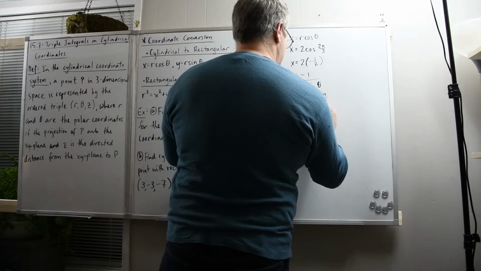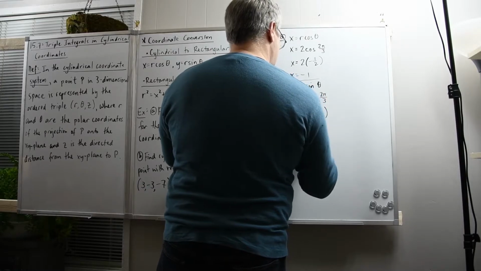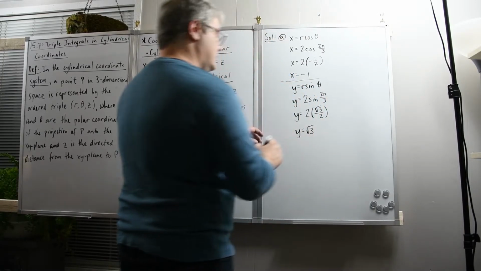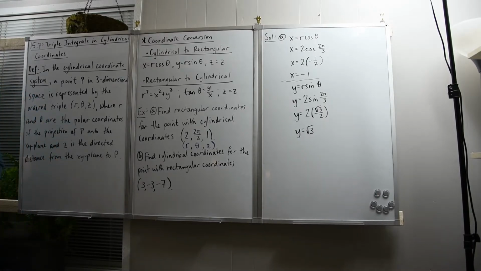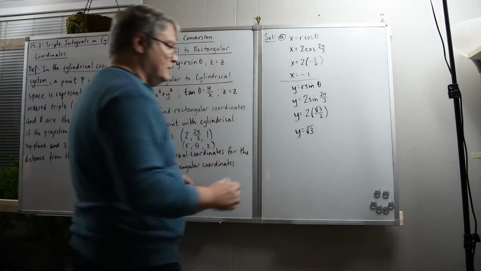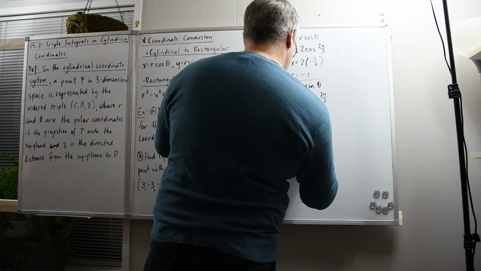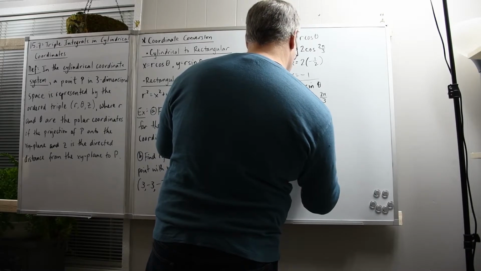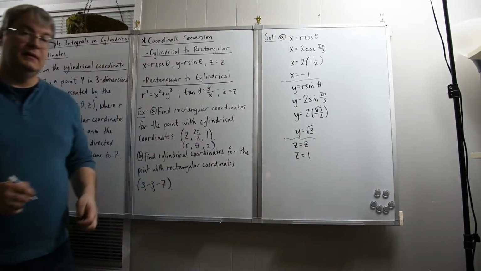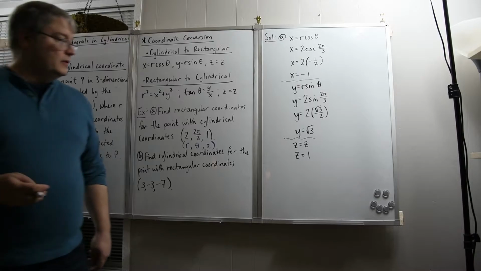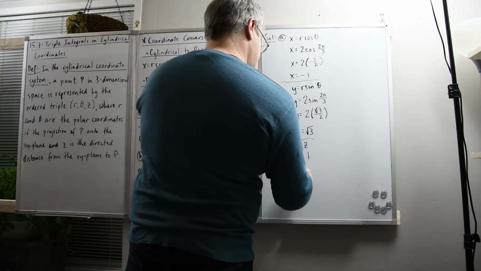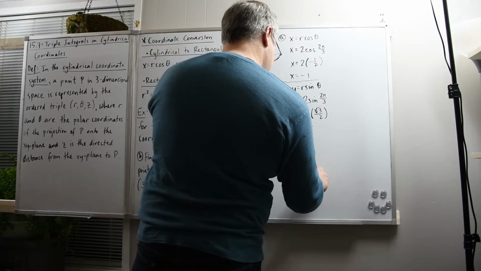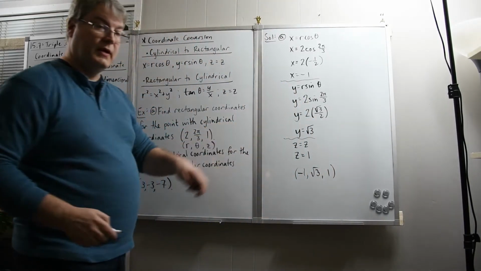So y is 2 times square root of 3 over 2, which means y is the square root of 3. And our last part to all this is the easiest. We have z equals z, which means z is equal to 1. So our representation for this point in rectangular coordinates will have -1, square root of 3, and 1 as the x, y, and z respectively.